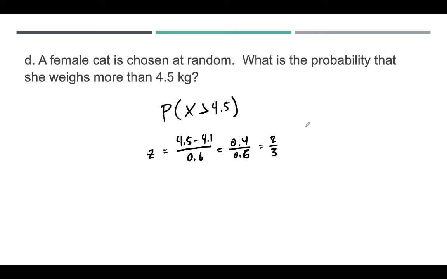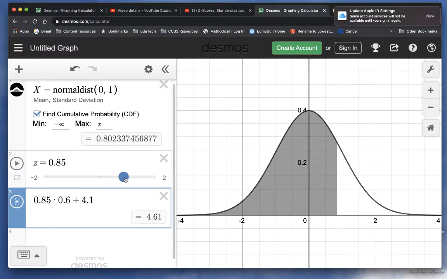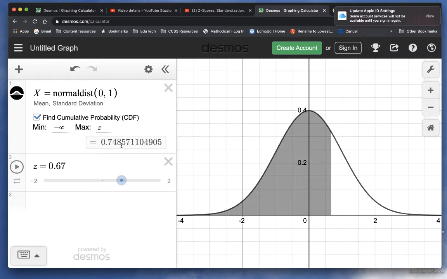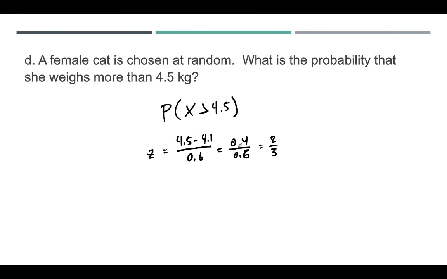We can come over here and verify that. Z of 0.67, okay, 0.75. Pretty close to 75%. And if you round it off to the nearest percent, it's going to be 75%. But again, this is actually the probability that x is less than 4.5, because the z-scores are always going to give you the probability that it's less than that value.